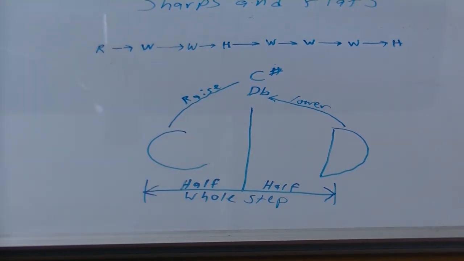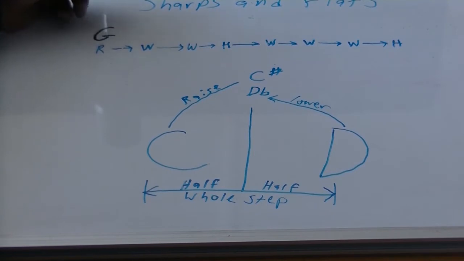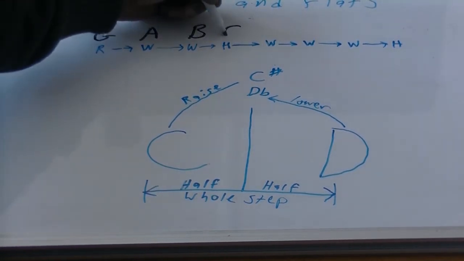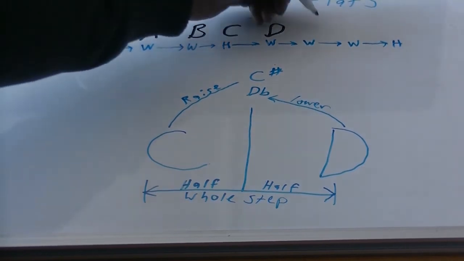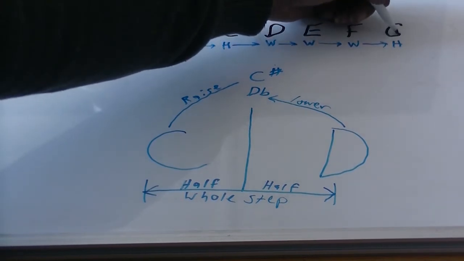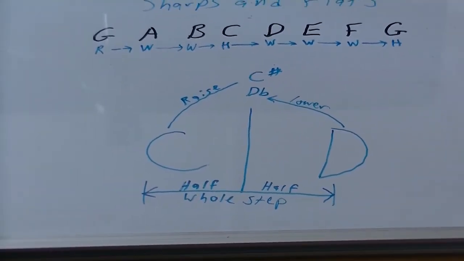Again, this methodology requires that we use every letter of the alphabet. So we can start with our root note, G, and I'm going to fill in the letters of the alphabet. This is not a C major scale that we are constructing, so we're going to need some sharps or flats.